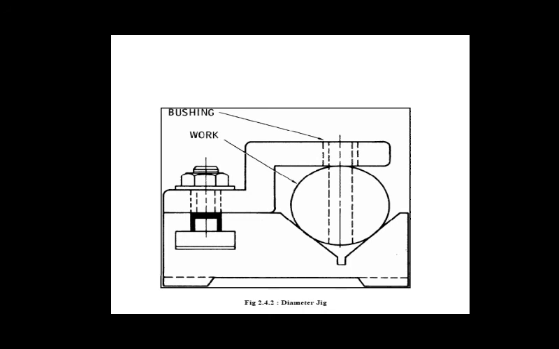Now in our next lecture we will see the locating devices, the 3-2-1 principle, and the locators. Okay, so today we are going to stop over here. Okay, thank you.